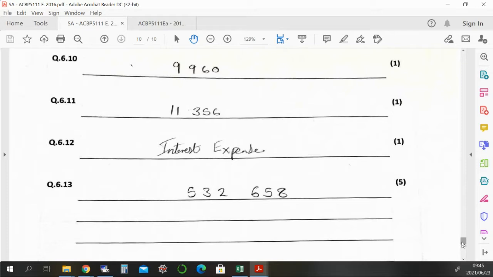Then we go to 6.13. Now can you see they want you to basically balance the account, because we know that the profit and loss gets closed off to the capital account. So you check how much you have on your credit side versus how much on your debit side.